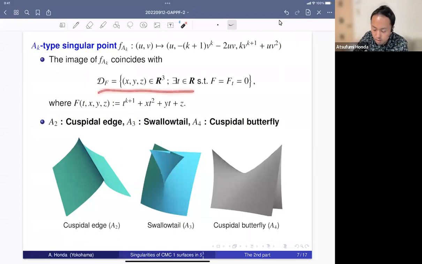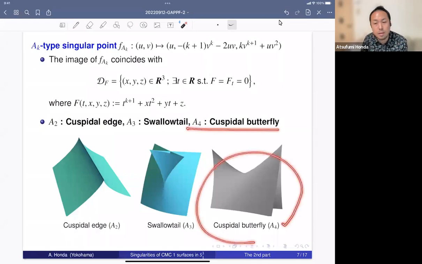This set is the set of double roots of this polynomial. For k equal to 2, this singular point, A2, coincides with the cuspidal edge, and A3 coincides with the swallowtail, and A4 is usually called the butterfly.